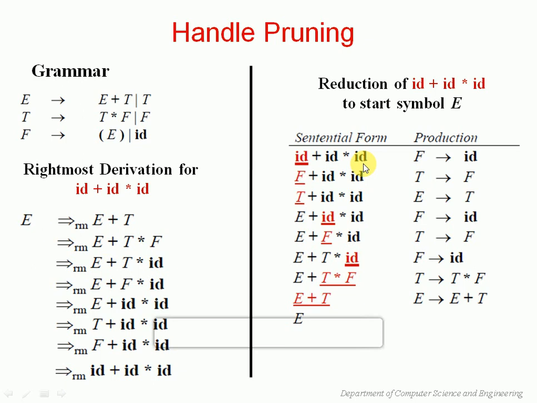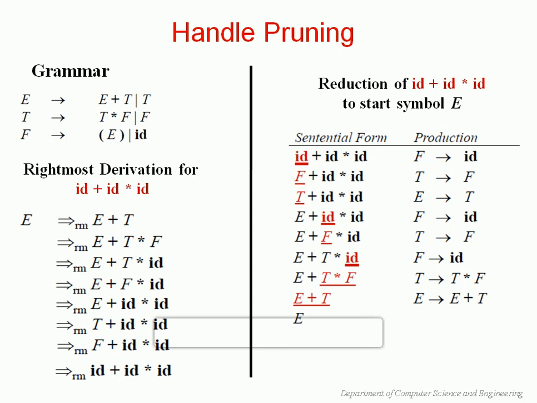There you have to identify a substring as the handle, so that substring has to be on the right hand side of a particular production, and also it has to qualify that when it gets replaced using the left hand side, it forms a reduction step, the reverse of the previous step in the rightmost derivation.